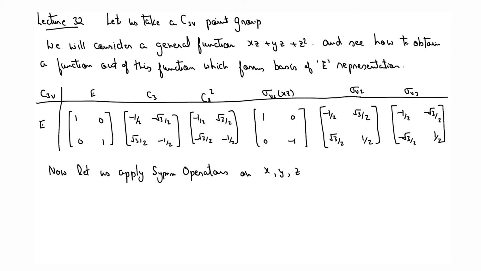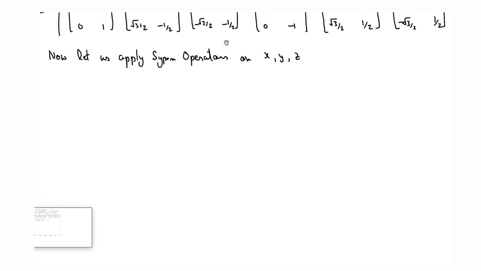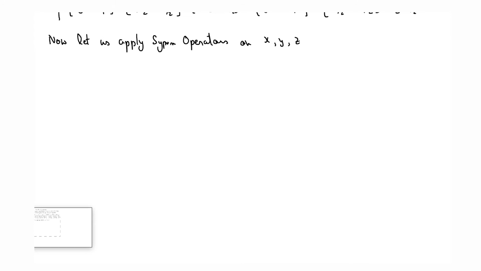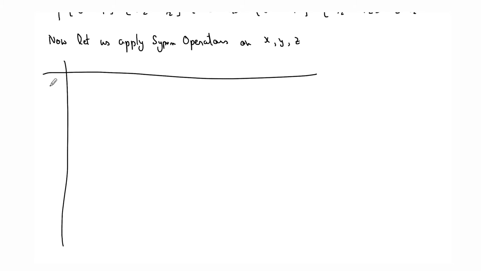So let us do it systematically, because we are going to be using all of this, so let's make a table out of it. Here I'm going to write the operator, and here I'm going to write the function: what happens to x, what happens to y, and what happens to z. When E is applied on x, it's x, and correspondingly y and z, so nothing changes, right?